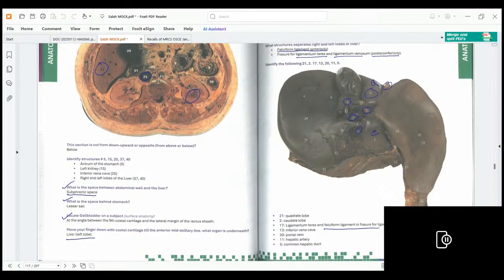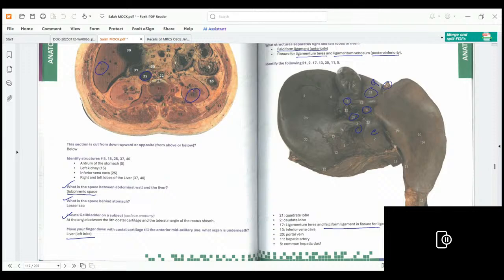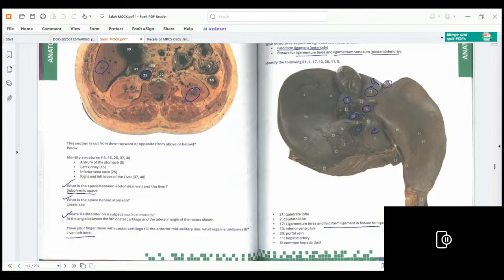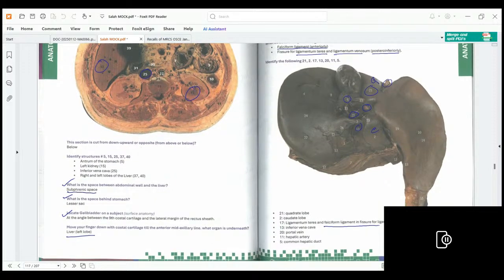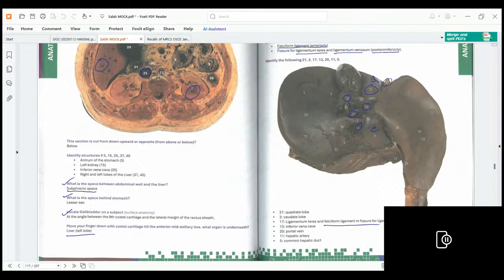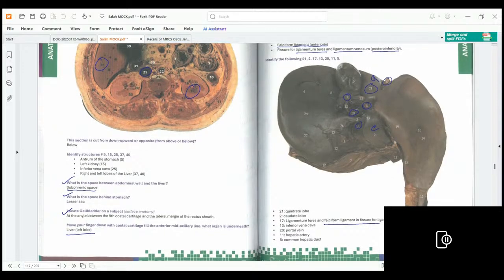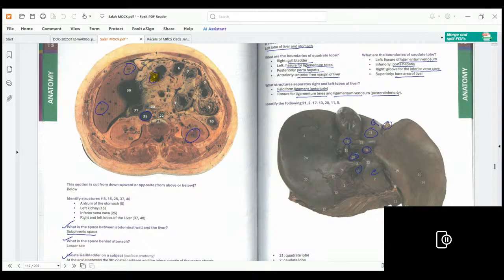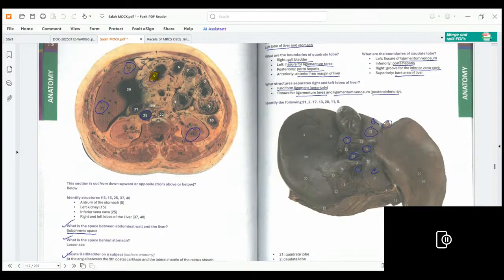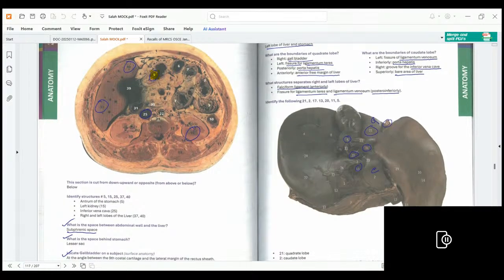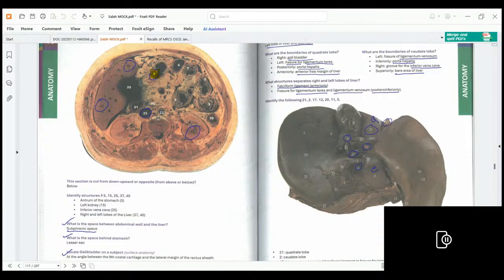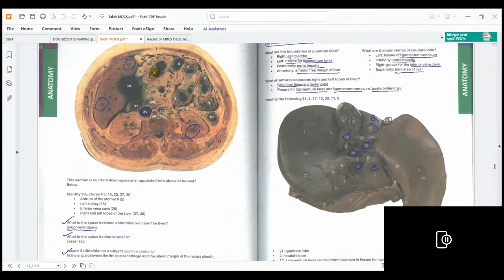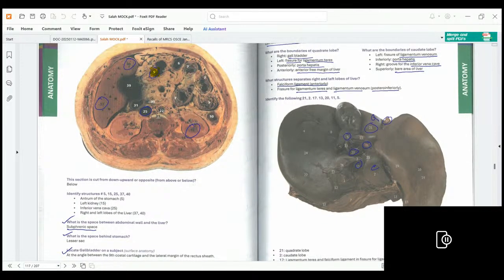Okay. 37 is in the liver. 37 is the right and left lobe of the liver. 37 is the right lobe and 40 is the left lobe of the liver.